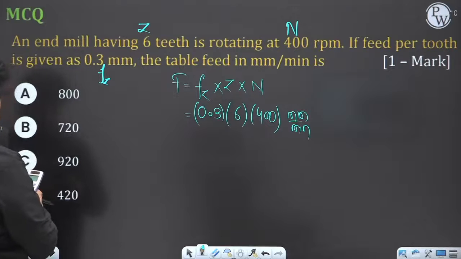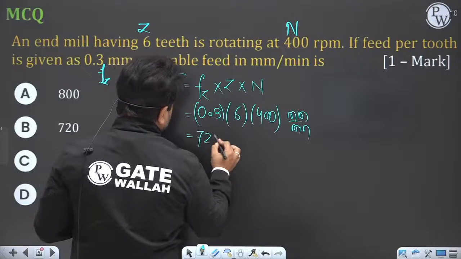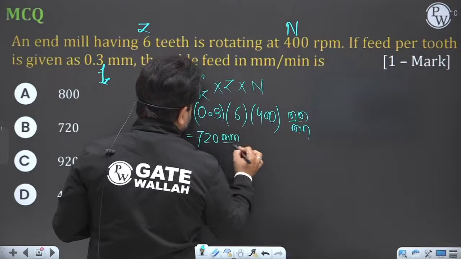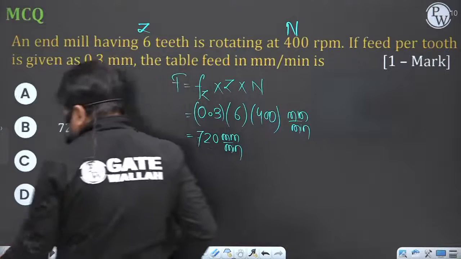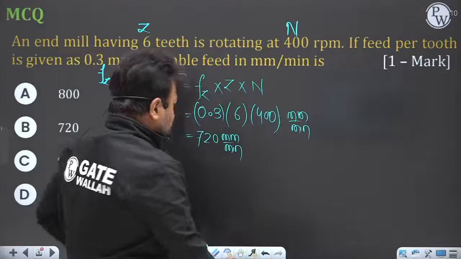So 0.3 into 6 into 400 is 720 mm per minute. Right. Very good.